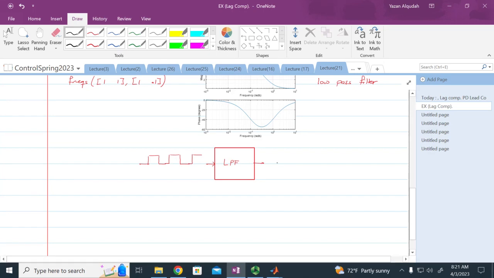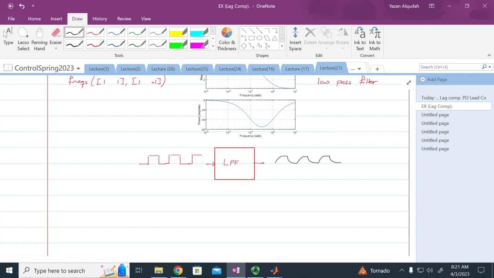It's going to look something like this. Agree? Think of a first order RC circuit. It's going to charge, discharge, low pass filter.